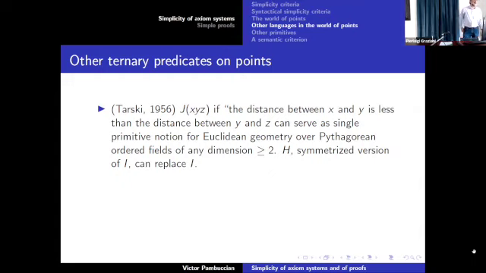And it can serve as a single primitive notion for Euclidean geometry over Pythagorean ordered fields of any dimension greater or equal to 2. And a symmetrized version of I can replace I. I is Pieri's, and now you're saying in any order x, y, z, so H of x, y, z holds if x, y, z are in any order in the I relation. And they're not equal, so there are at least 2 that are different.